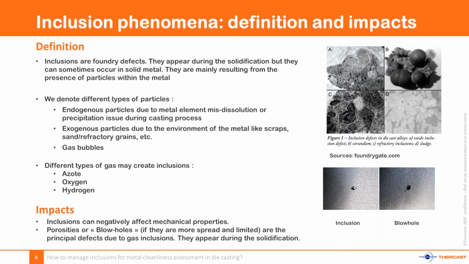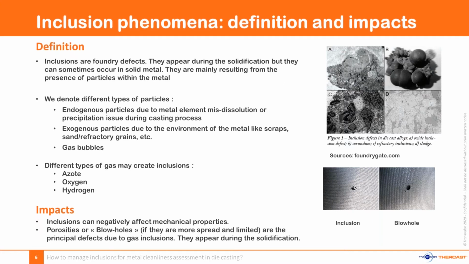Regarding the impact on the cast product, inclusions can negatively affect mechanical properties. They can also create porosities or blowholes, which are mainly defects due to gas inclusions, and they appear during the solidification.